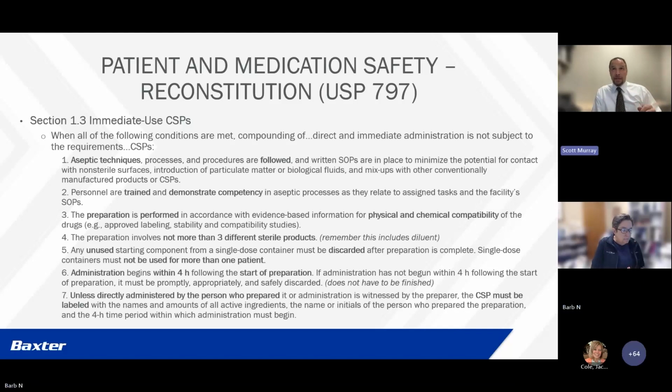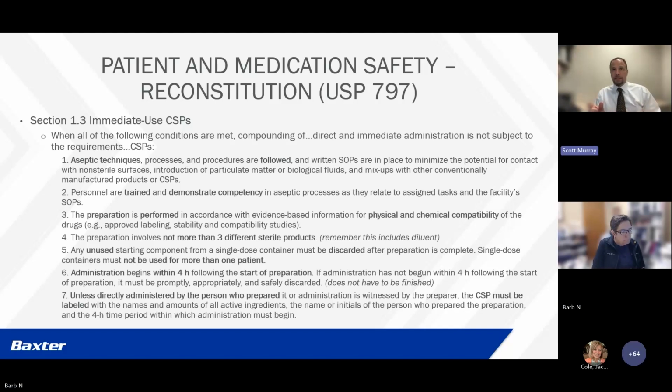In your policy and procedure, and think about the collaboration with pharmacy to help develop this, we need to be using aseptic technique and making sure it's followed, and that the personnel doing this are trained, and the big thing, demonstrate competency in the aseptic technique, and that practice is performed and, of course, has evidence behind it.